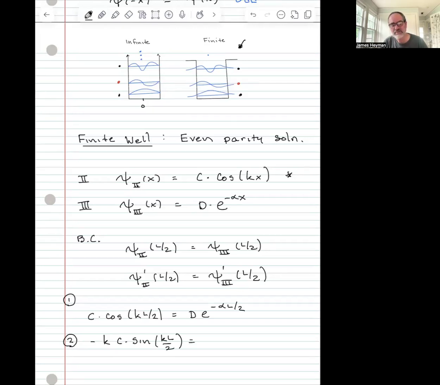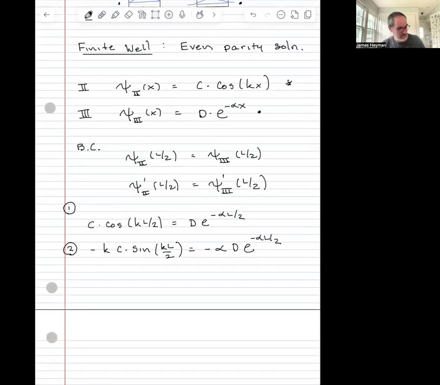This has to be equal to the first spatial derivative of the other function, which would be minus alpha D times e to the minus alpha L/2. Those are the two equations that we have to solve simultaneously.